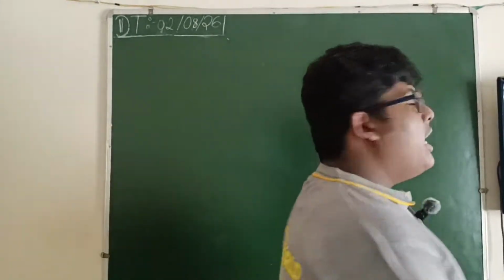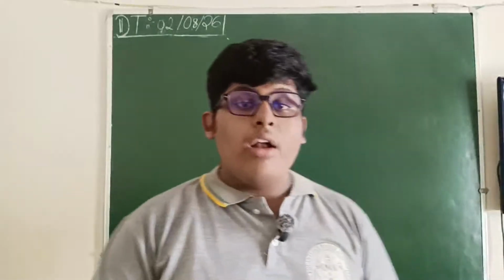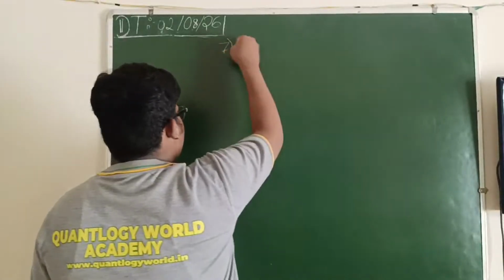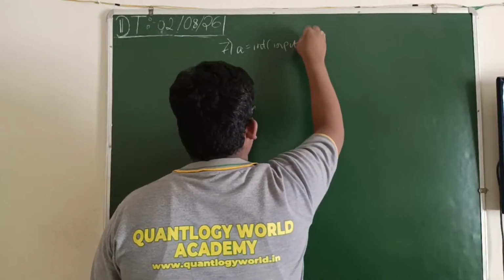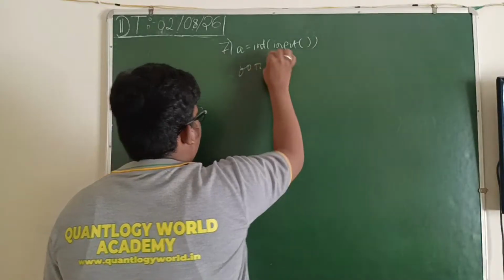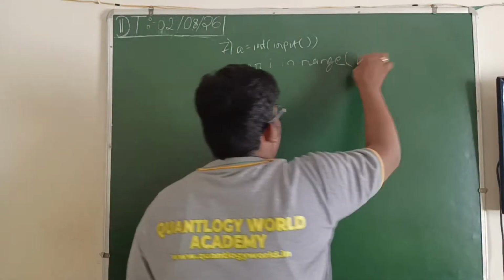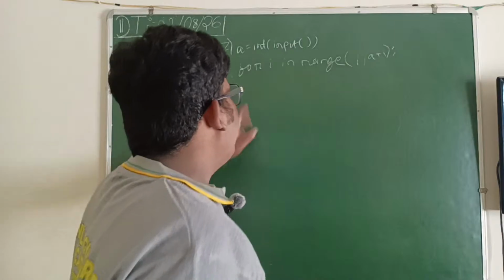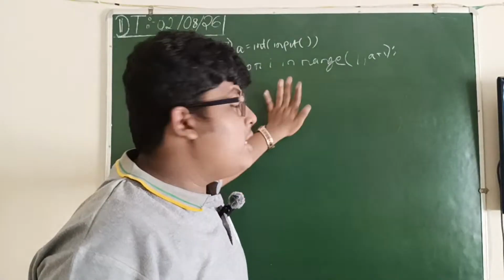Next, 7th program: write a program to input a number and find all its factors. The last program was to find its factorial, now we'll find its factors. a equal to int(input()), for i in range 1 to a plus 1. Here, for factorial and factors, this for loop line is common in both programs.